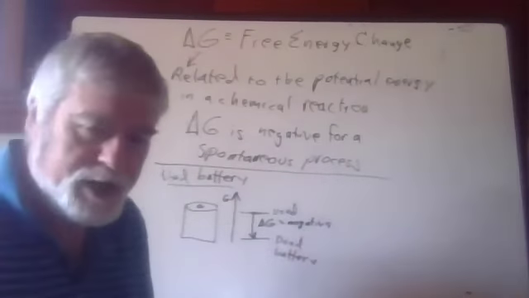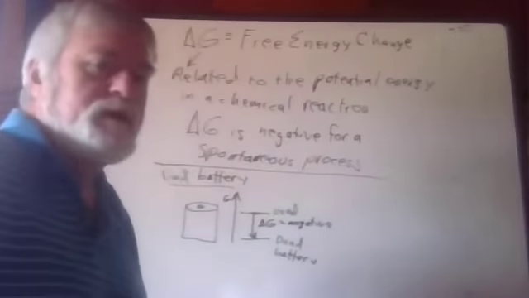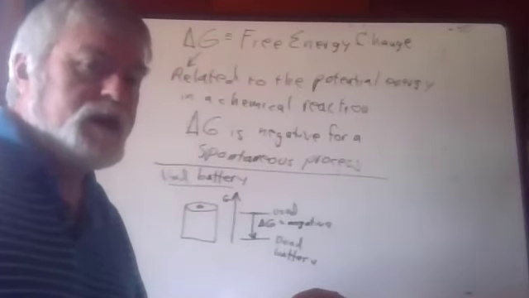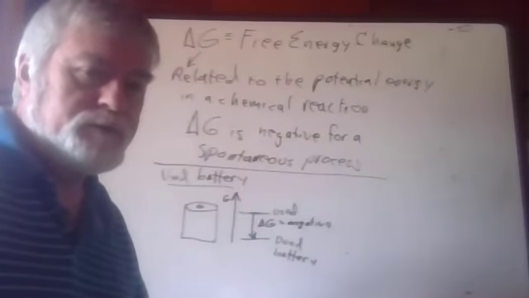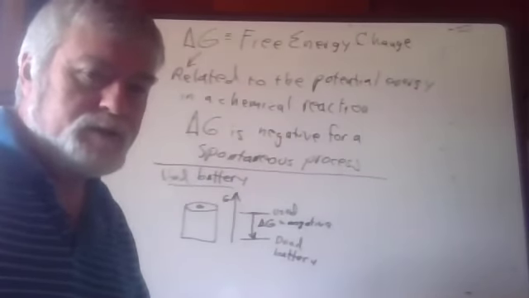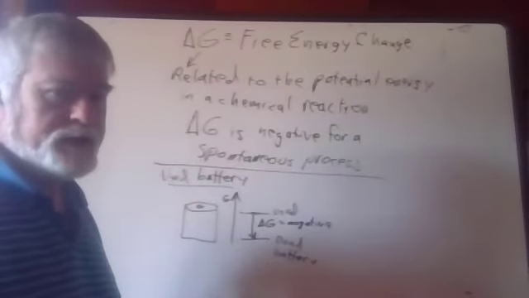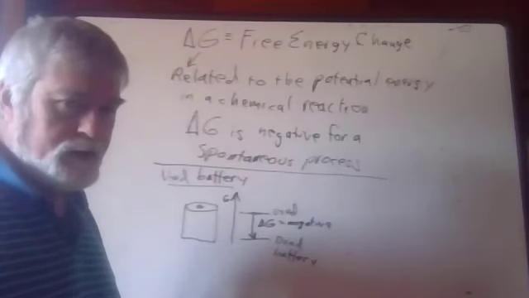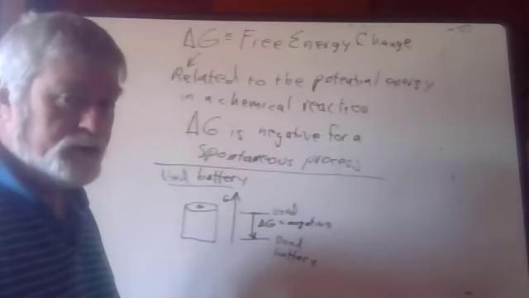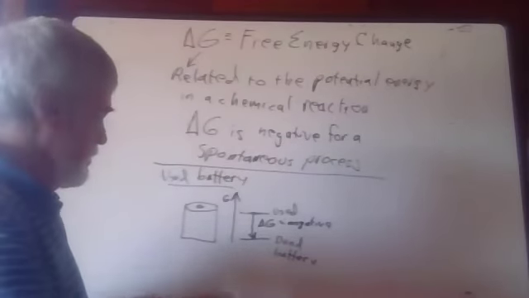And for reversible reactions, when they reach equilibrium, it's like the reaction has stopped because it's going forward at the same rate as it's going backwards. So delta G equals 0 means that the reaction is not spontaneous in the forward direction anymore or in the reverse direction.